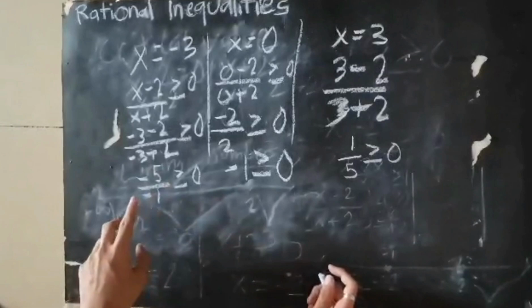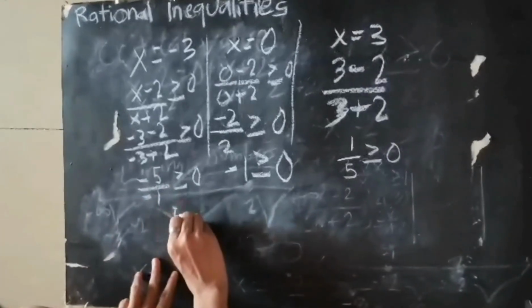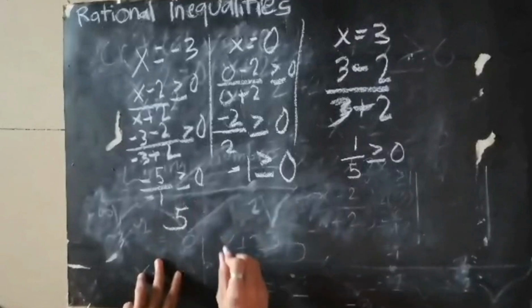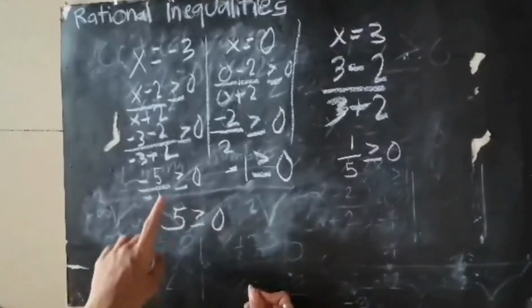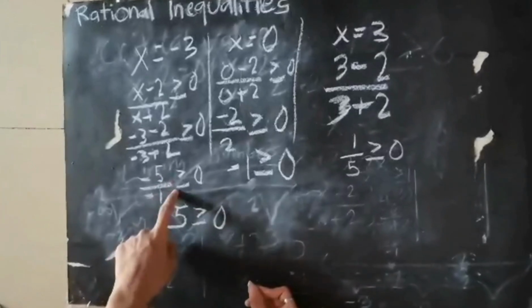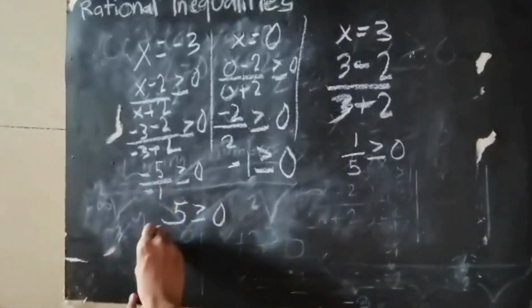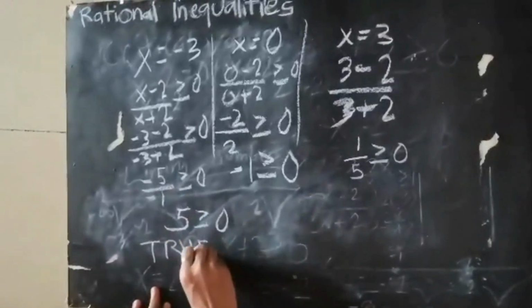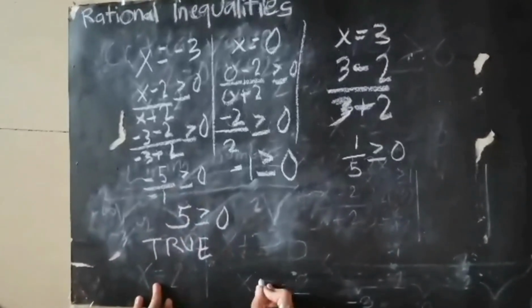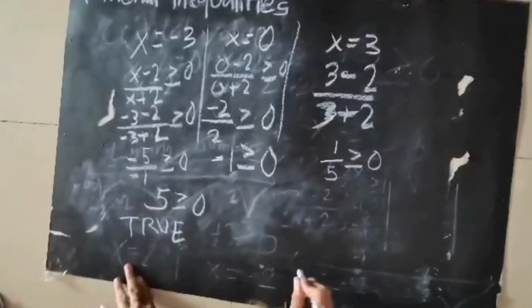Negative 5 over negative 1 is equal to positive 5, and it is greater than 0. Since our symbol is greater than, this means that this is true. It will be one of our test intervals that is correct.